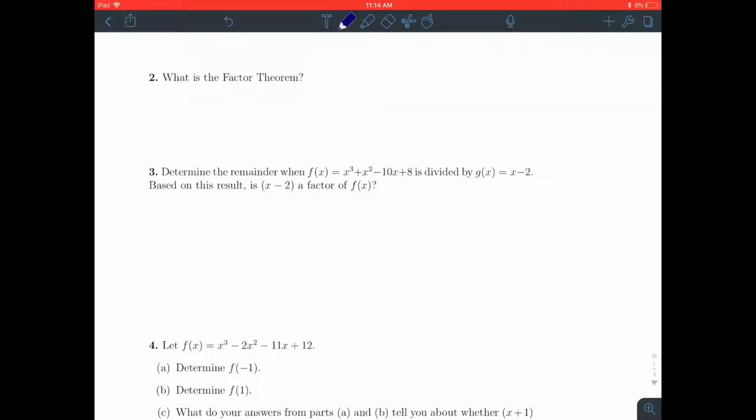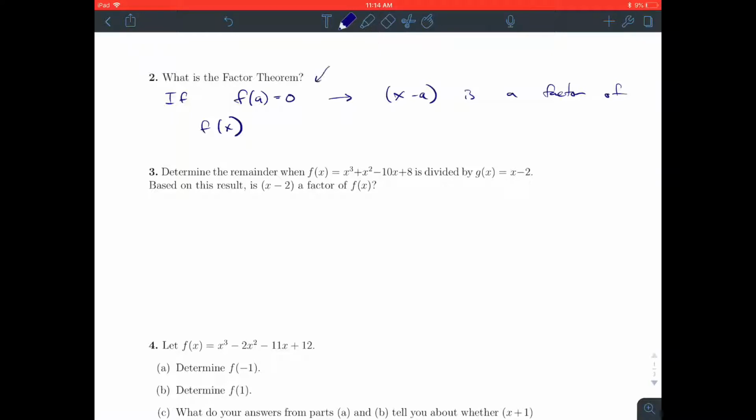In class on Friday, Friday for one group, a different day for another group, we learned about the factor theorem. The factor theorem says that if f of a is 0, then x minus a is a factor of f of x. And this has a sort of middle step in the reasoning, right?